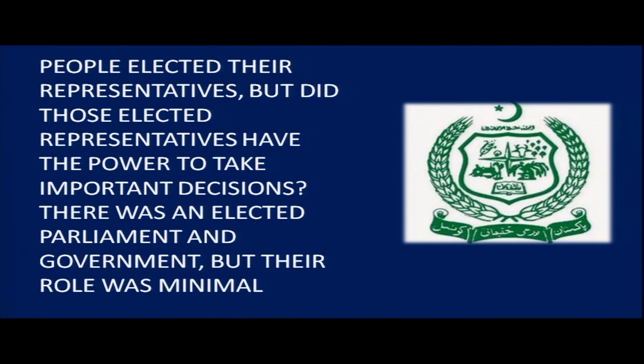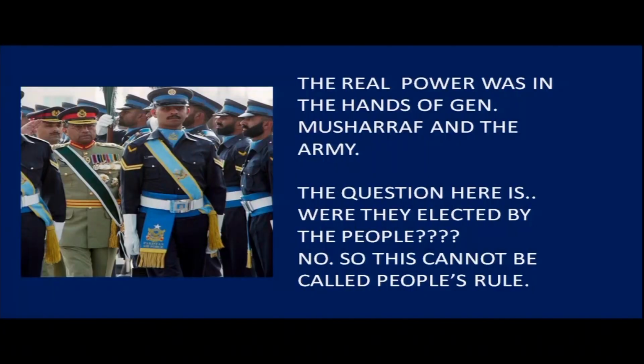So, just like any other democracy, there was an elected parliament and there was a government, but their role was minimal. So, who enjoyed most of the power here? The real power was in the hands of General Musharraf and the army.